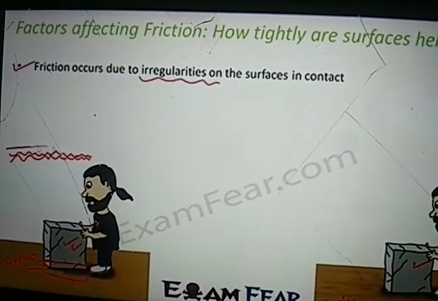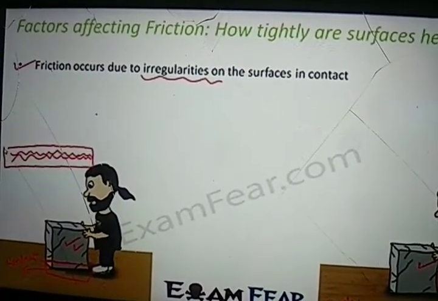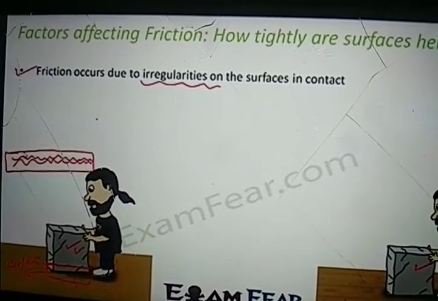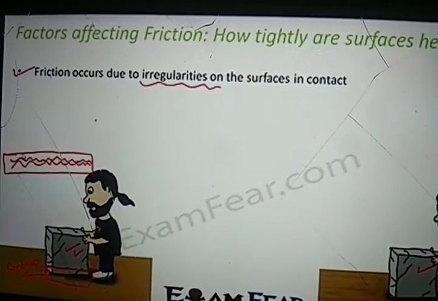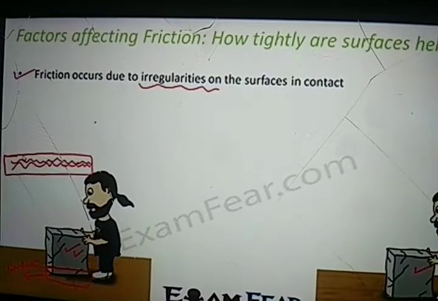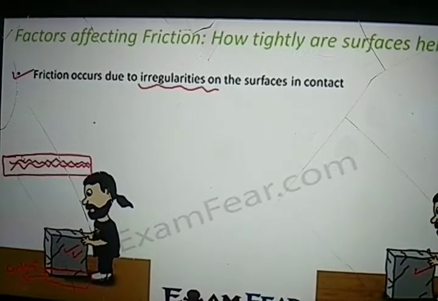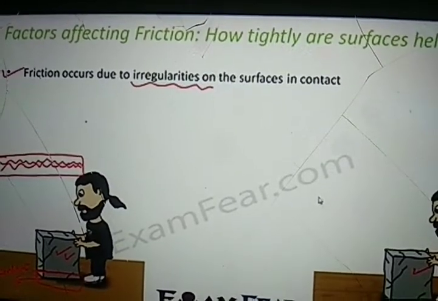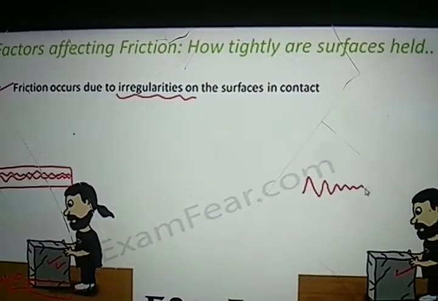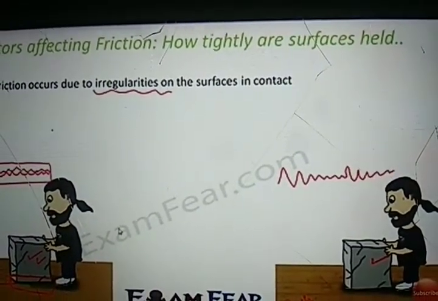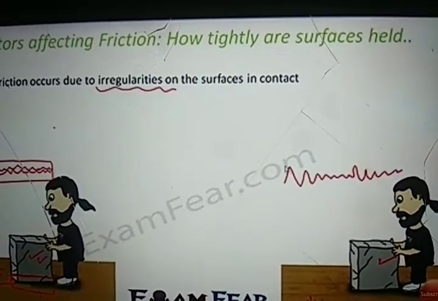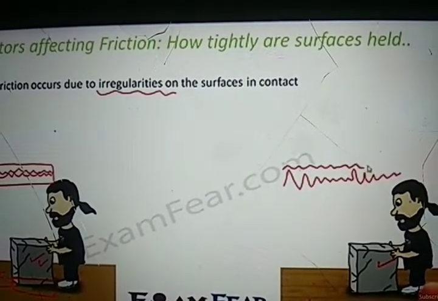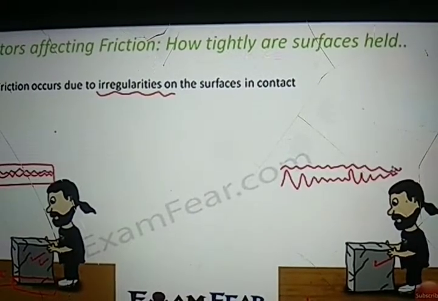So this is how the area of contact looks. Basically the irregularities of one surface join the irregularities of another surface, and that is how they come in contact. Now if you look at this rough surface, the rough surface will have more irregularities, and the box is still going to have similar irregularities.